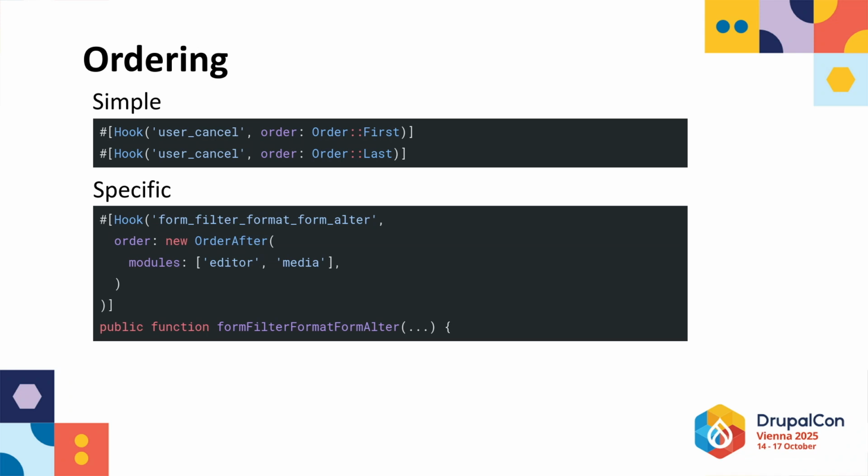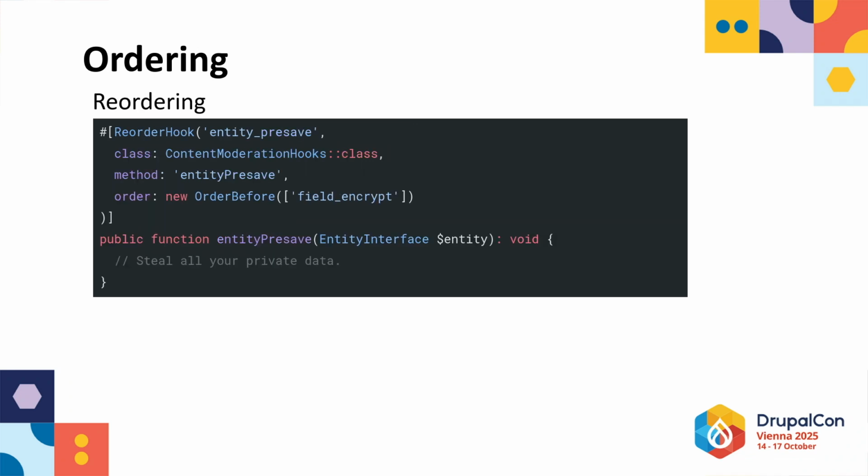Obviously, if you've got lots of things that are saying they're running first, it will then go by module name. You can set it to run last. Then you can start getting more specific. So we can say we want our hook to run after the editor and the media module. This is an actual example from core. Or we want it to run before this other module.